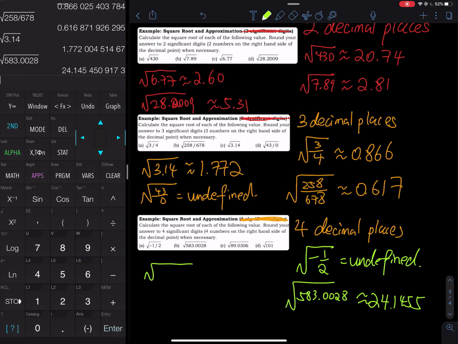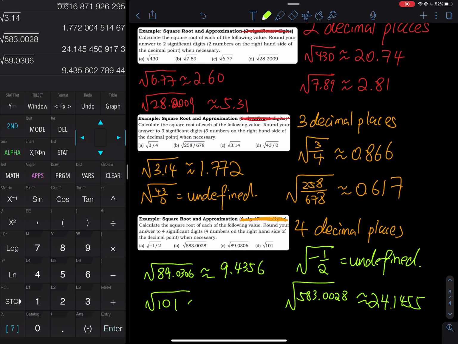The square root of 89.0306, you have around 9.4356. And then the square root of 101 should be close to 10 because the square root of 100 is 10. So that would be 10.049, and then add 1 to the 8, the last digit is a 9.